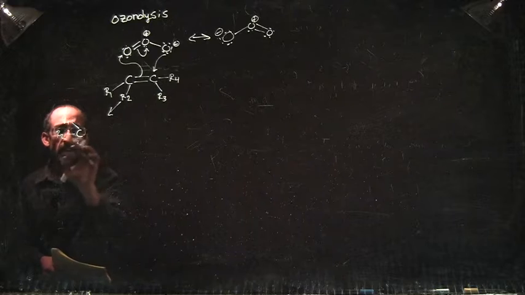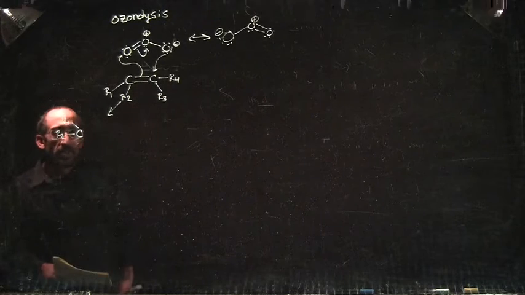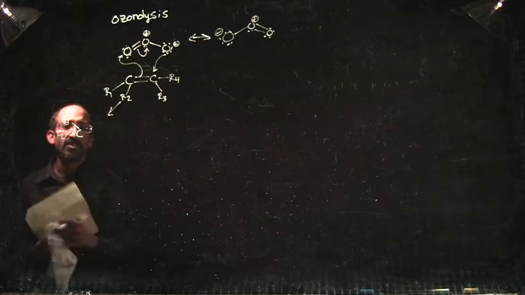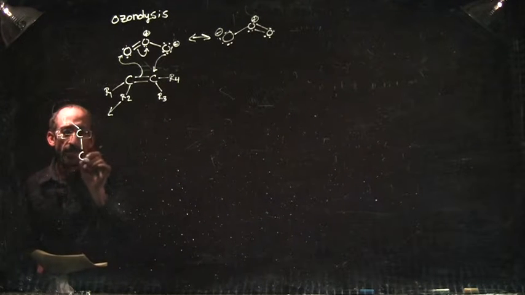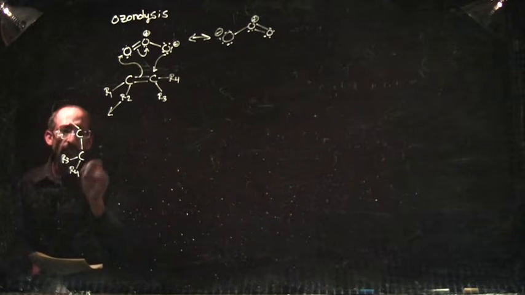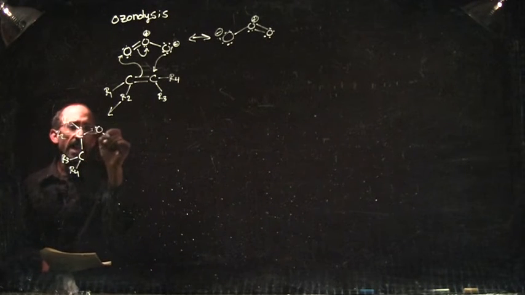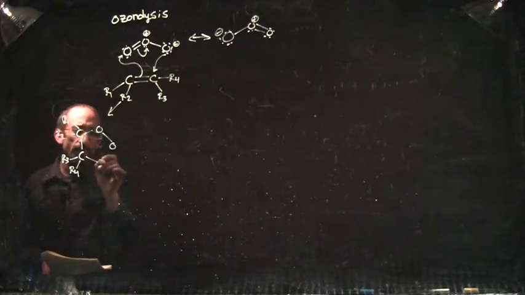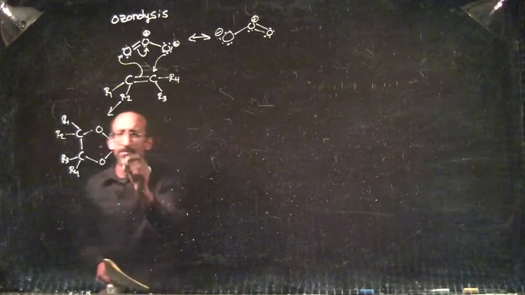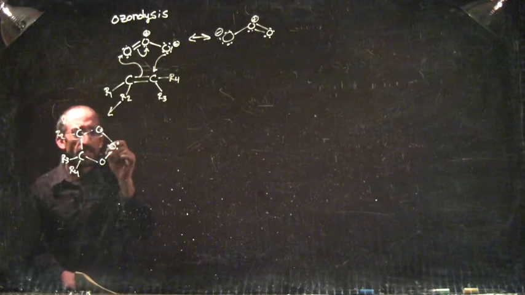So here's now, I broke my carbon-carbon pi bond. I still have my carbon-carbon sigma bond. And here's R3 and R4. And now my oxygen atoms are making a 5-membered ring with my 2 alkene carbons.